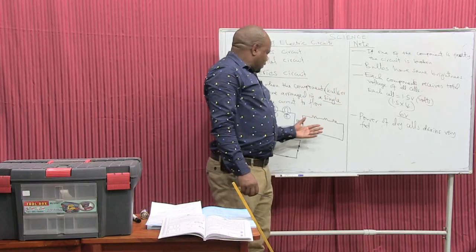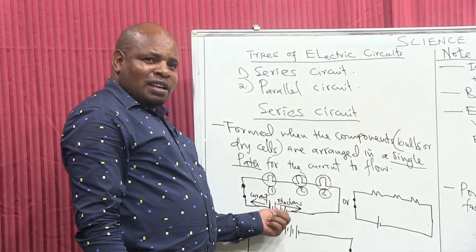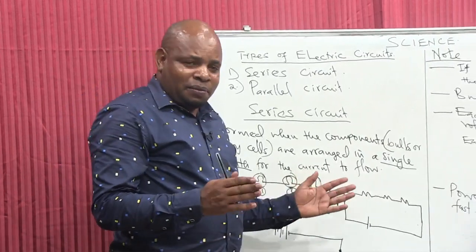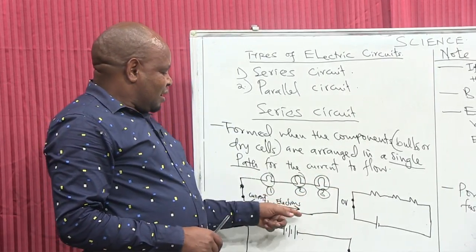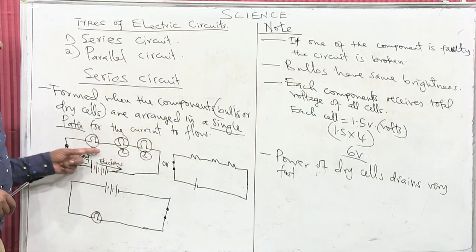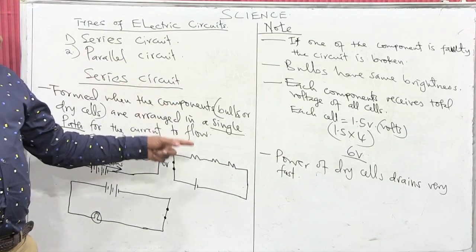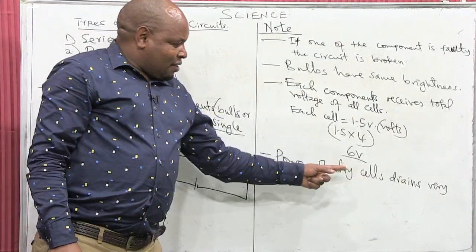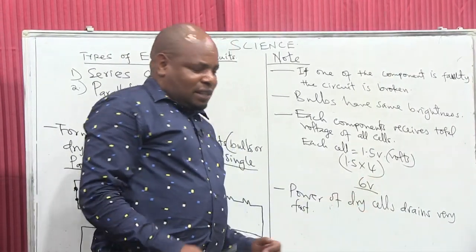It means you will keep on changing the dry cells after a short period of time. Why? There is sharing taking place here. These 3 components, all of them, are getting power from here. So that's why in a series circuit, the power of dry cells drains very fast.